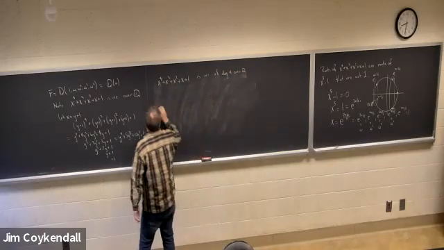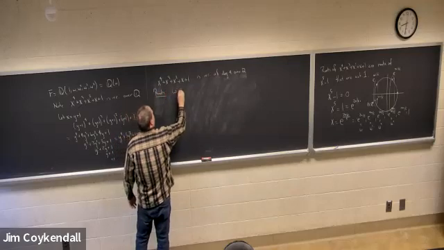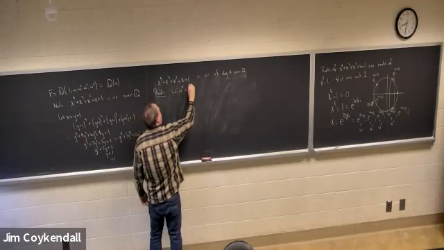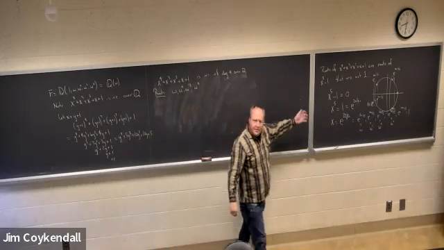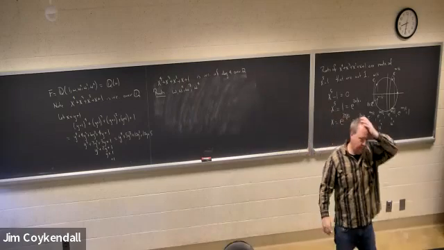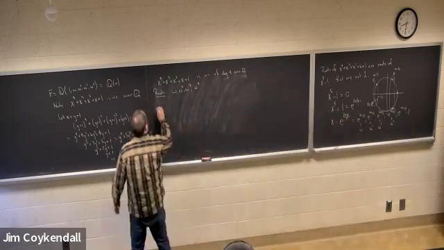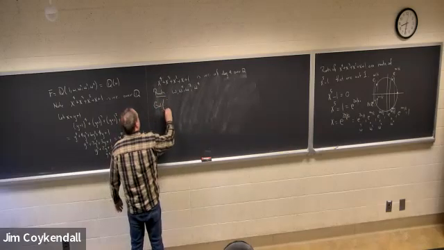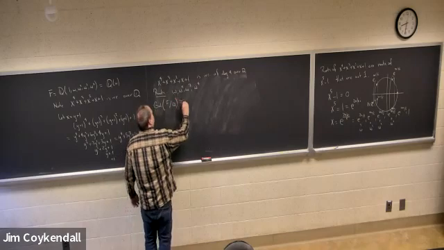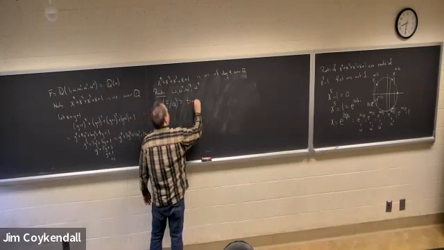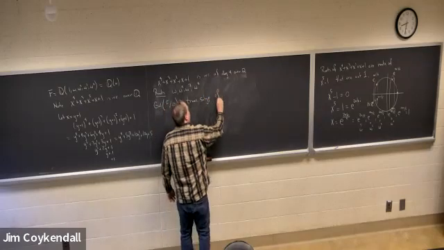Its roots are omega, omega squared, omega cubed, omega^4, in keeping with my notation here. So the Galois group of F over Q is isomorphic to a transitive subgroup of S4.